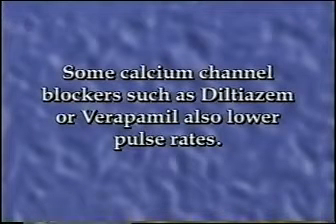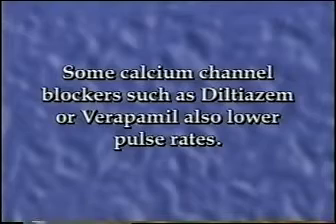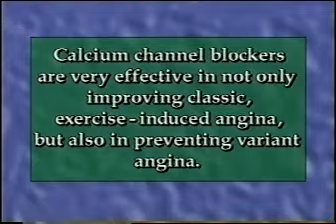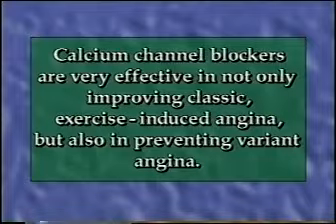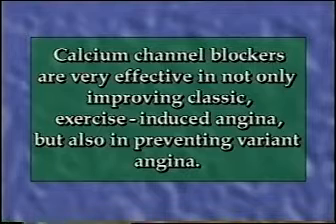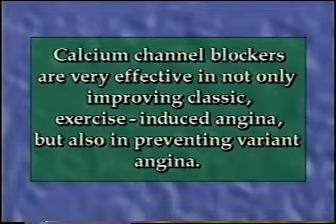Some calcium channel blockers, such as diltiazem or verapamil, also lower pulse rates. For these reasons, calcium channel blockers are very effective in not only improving classic exercise-induced angina, but also in preventing variant angina, the type that occurs due to the sudden reductions in blood flow to the heart from artery spasms.